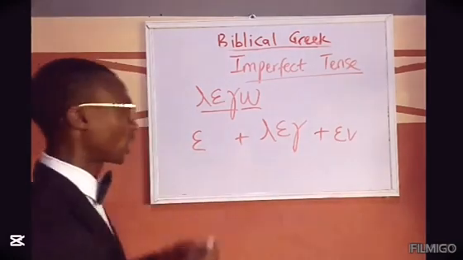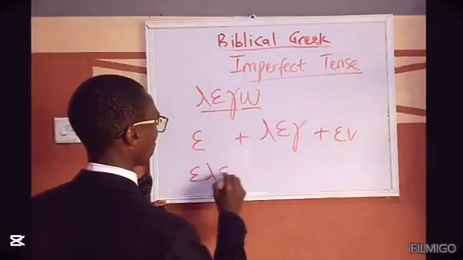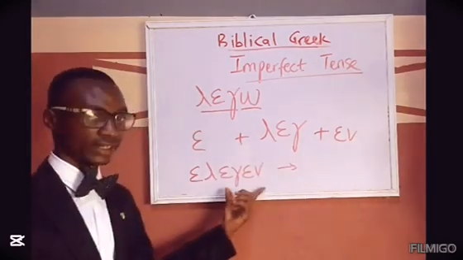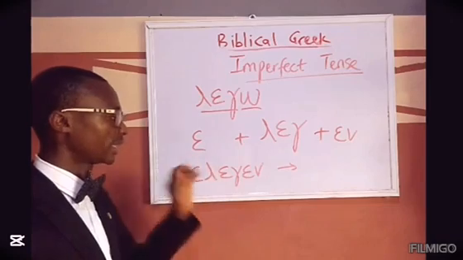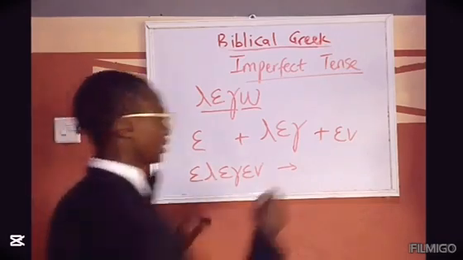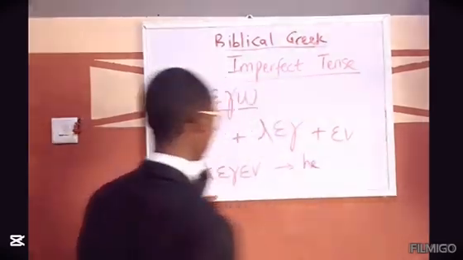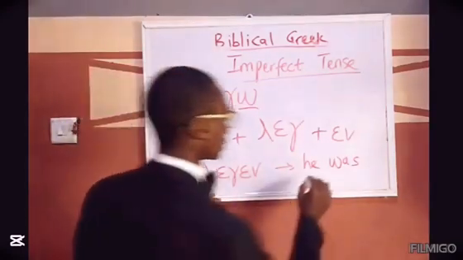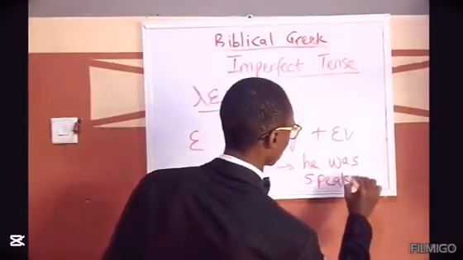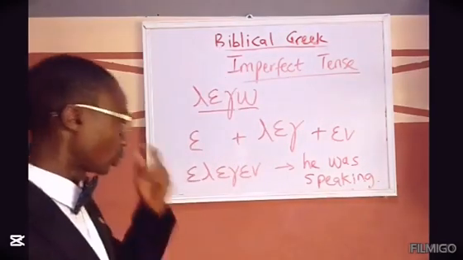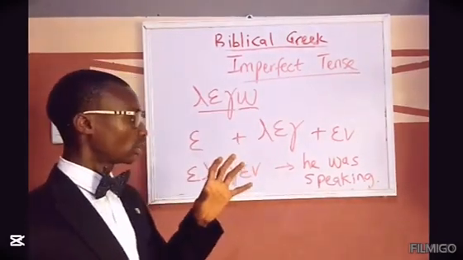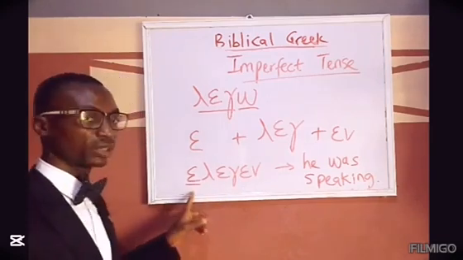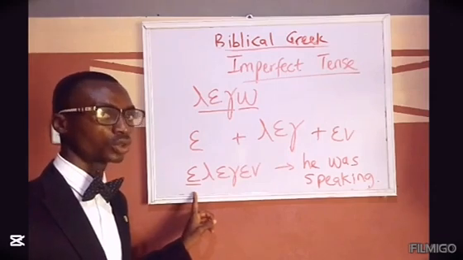Now combining this, we have it this way: elegen. Elegen means he was speaking. What I need you to know is that this augment makes it was or used to.